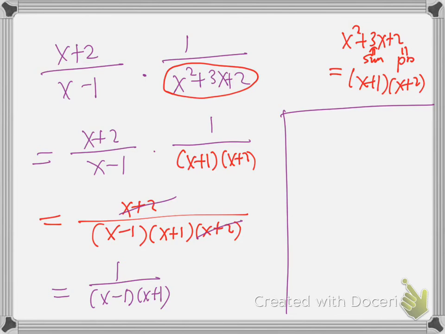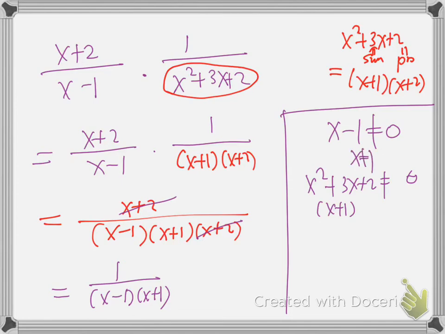For this expression, the denominator cannot be 0. So x minus 1 is not 0, so x is not 1. And x plus 1 times x plus 2 is not equal to 0, so x is not negative 1.